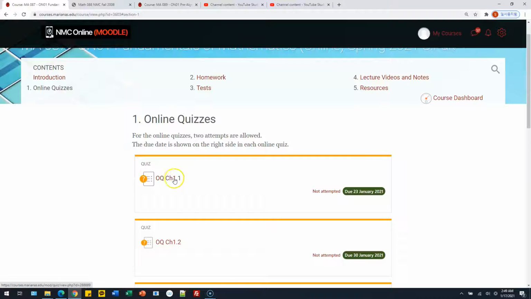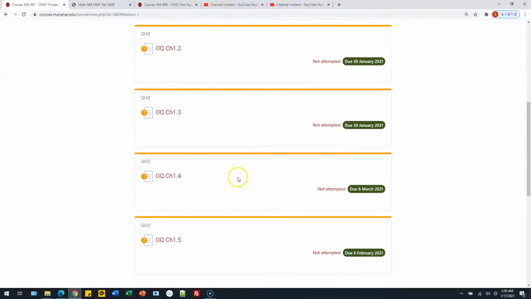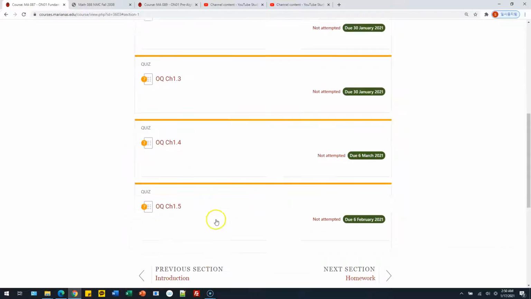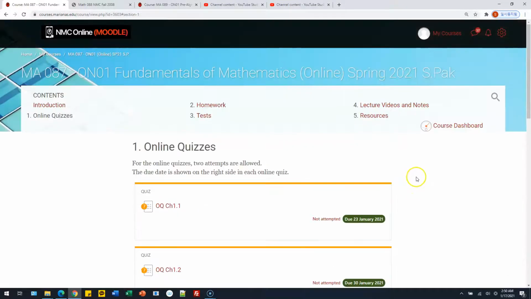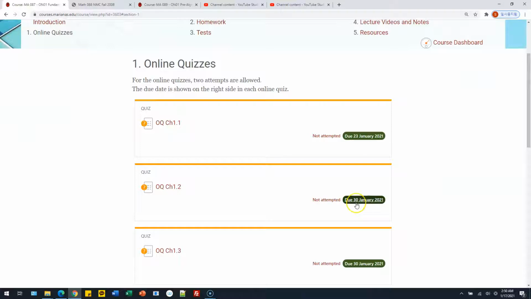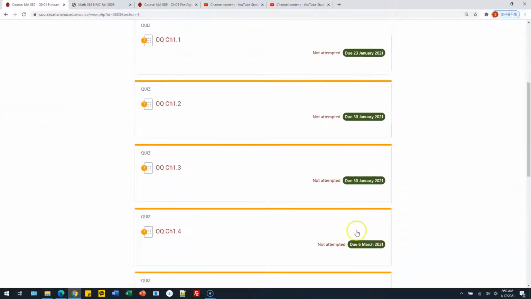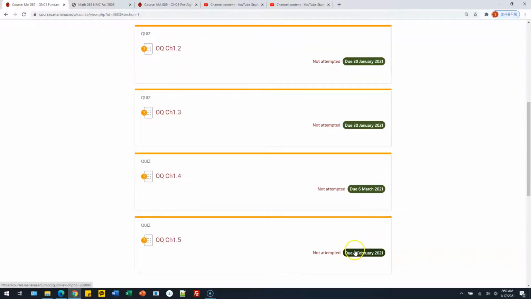So 1.1, you can click this and then you can start 1.1 and make sure you complete before this due date, the midnight of this due date. So 1.2, 1.3, 4, 5, and then I will post chapter 2 and so on later on. Again, 1.2 is due January 30th, 1.3 is January 30th, 1.4 is due March 6th, and so on.